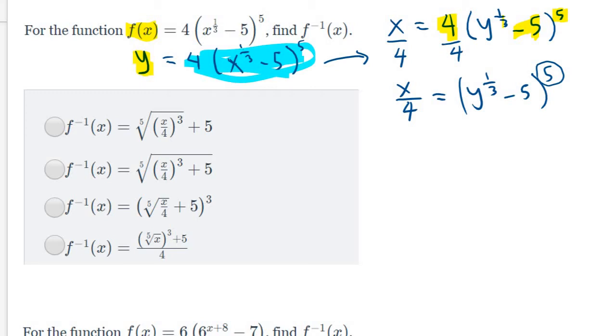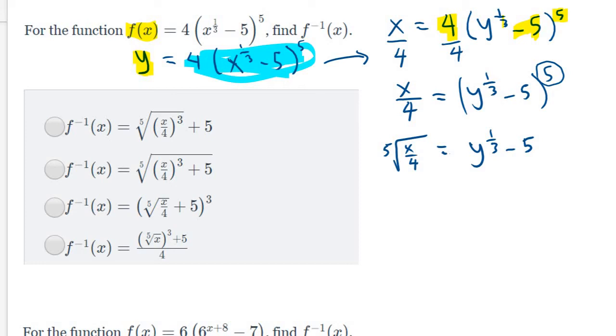So the 5th root of x over 4 equals y to the power of 1/3 minus 5. Okay, so that 5th root is gone because I took the 5th root of both sides.